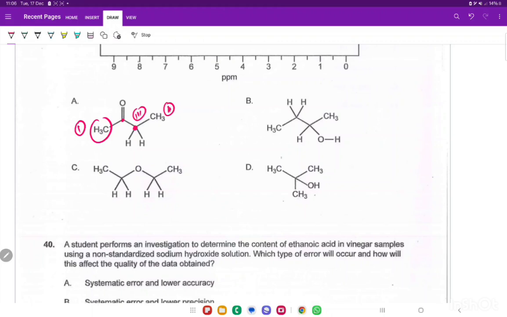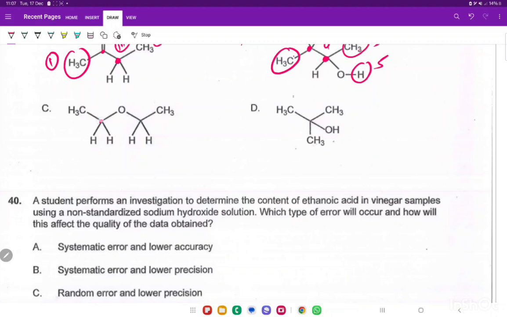Next, compound B. CH3 forms 1, this CH forms 2, and since this CH and this CH3 are not the same, 3. This carbon is again different, 4, and this OH, 5. This forms 5 peaks, wrong. So this cannot be the answer.